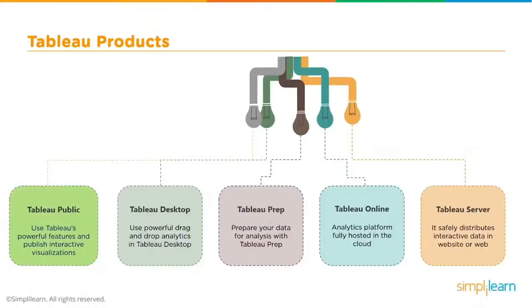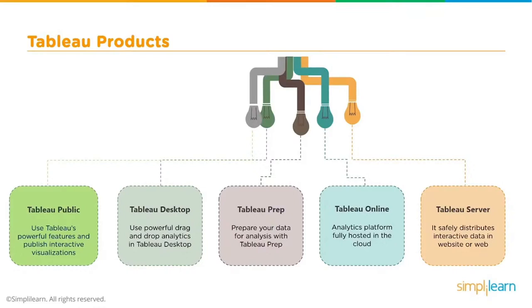Here we will take a look at an overview of the products offered by Tableau. So we have Tableau Desktop, which is where you do all of your development. This is where you connect to and build visualizations and dashboards. Today we'll be using Tableau Public, which is a free version of Tableau Desktop, but with some limitations, such as having no R integration, and it can only support up to 1 million rows of data. Also, any data published here is made public, so you can't use this for private company information.